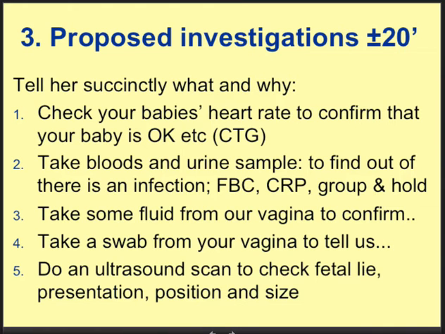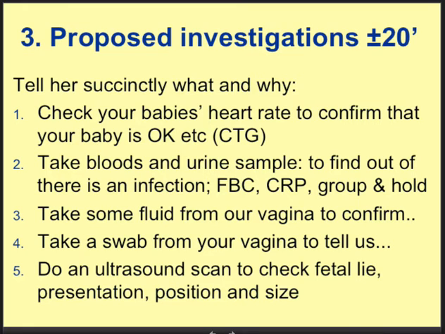Propose investigations, 20 seconds. Tell her succinctly what and why: that you want to check the baby's heart rate to confirm that the baby is okay. We call that a CTG. Take bloods and urine samples to find out if there is an infection. We check full blood count, CRP, group and hold.